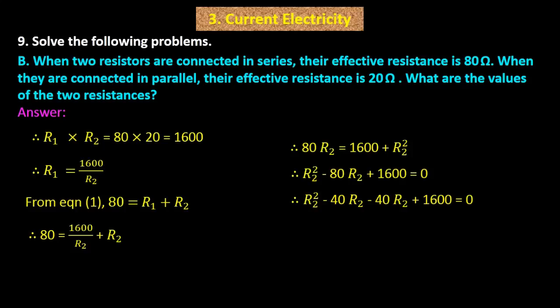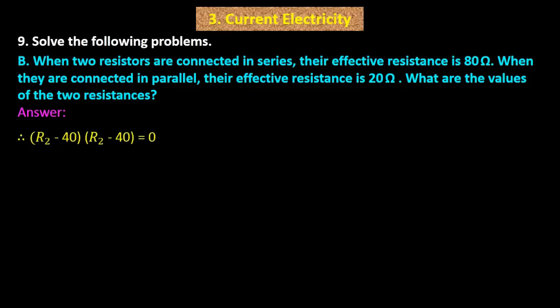Therefore, R2 square minus 40 R2 minus 40 R2 plus 1600 is equal to 0. Therefore, R2 (R2 minus 40) minus 40 (R2 minus 40) is equal to 0. Therefore, (R2 minus 40)(R2 minus 40) is equal to 0.